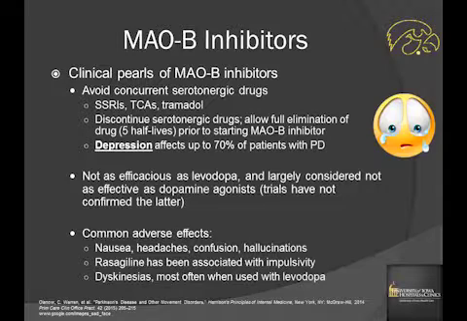Rasagiline, interestingly, has been associated with impulsivity, but selegiline has not. So they say it's not a class effect. I'm not positive if you can actually say that. And then you may have noticed that with selegiline, you use a smaller dose when using with levodopa. And that's because dyskinesias do happen more frequently when you do combine the two medications.